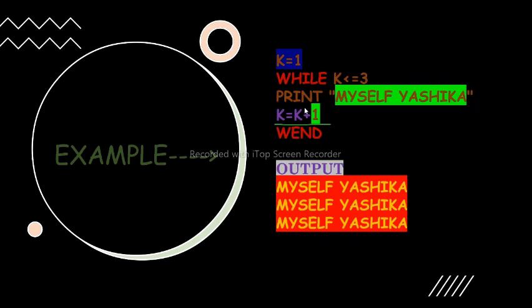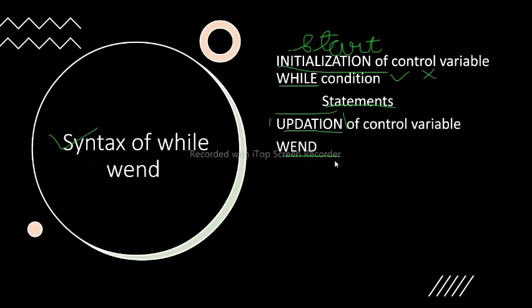So here you can see we are updating the value of k only, right? So this is what I wanted to explain. And then finally wend. Wend is also associated with while, so it's also compulsory to write. So I hope it's clear with the syntax of while-wend, and now let's see a quite easy example.